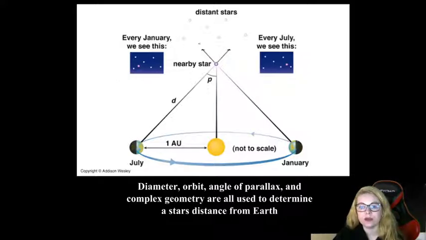So we move and that perspective changes, and so it appears that those stars have moved in the night sky. And they can use this information plus that geometry and the parallax here to determine stars' distances. If you are anything like me, your head's probably swimming. This is advanced physics at its finest, not something that we're going to tackle this year.